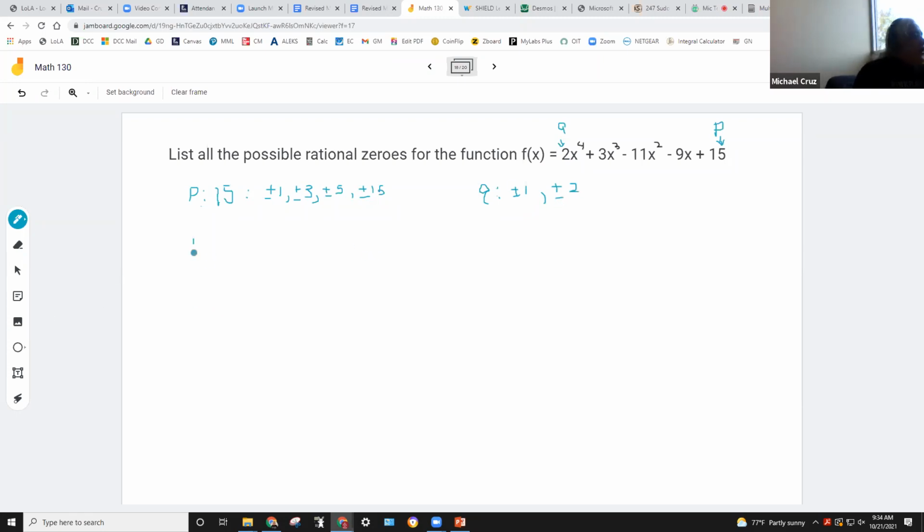So then we're going to put together the P over Q, which is going to be, let's see, well, plus or minus 1. So 1 over 1 is plus or minus 1. 3 over 1 is plus or minus 3. Always throw in both positive and negative.